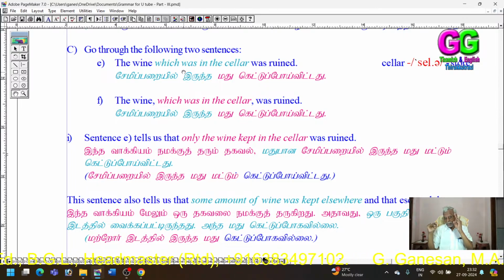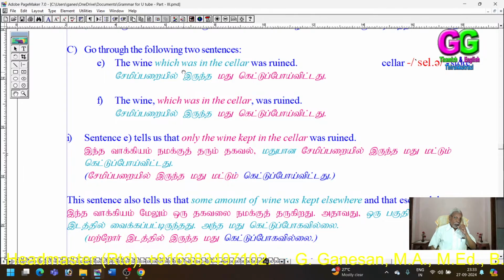Those are the two meanings. But when it is used as a non-defining relative clause, the entire wine was kept in the cellar, and the entire wine was ruined. That's all.